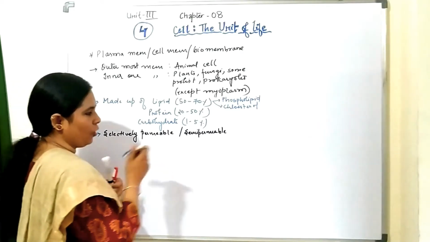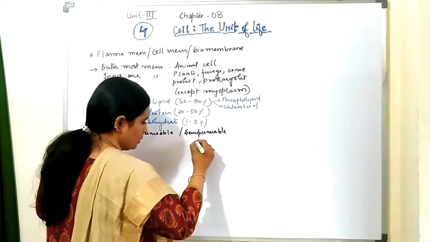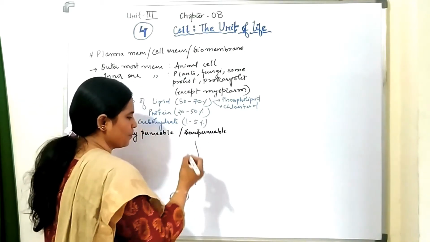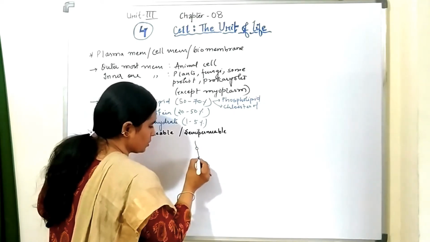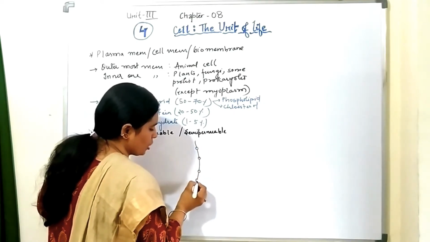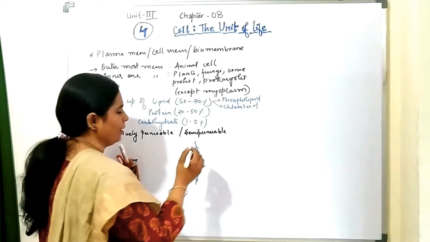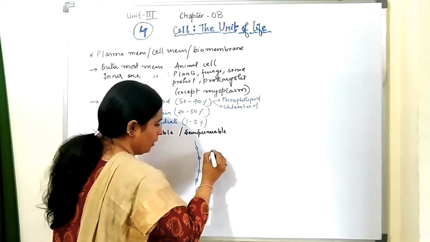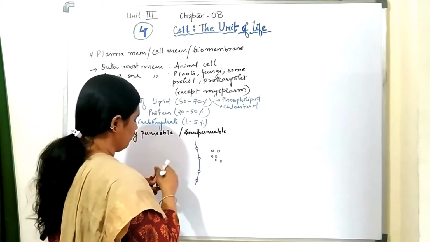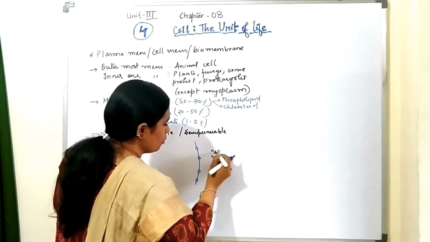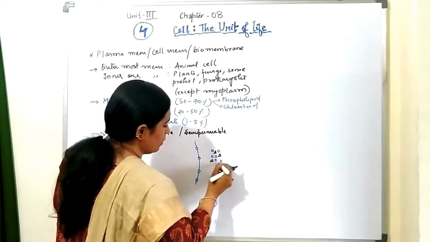So first of all, in case of semi-permeable, suppose this is the plasma membrane. This plasma membrane will be having small channels here, and there are few molecules or substances which should pass through this channel.